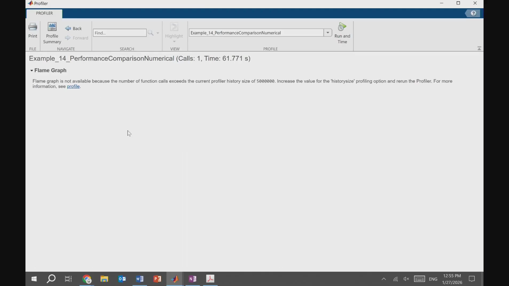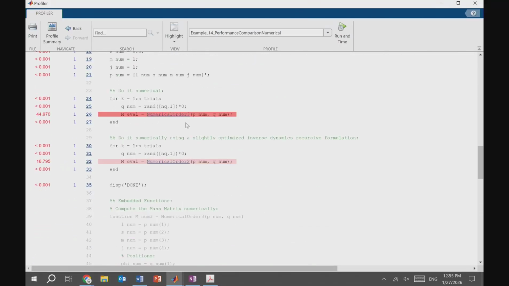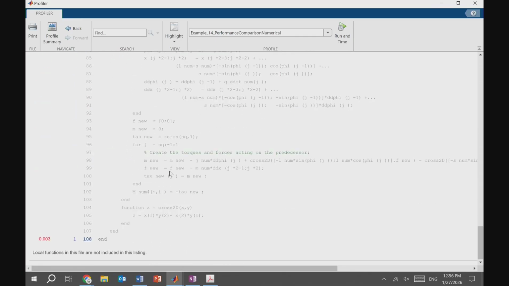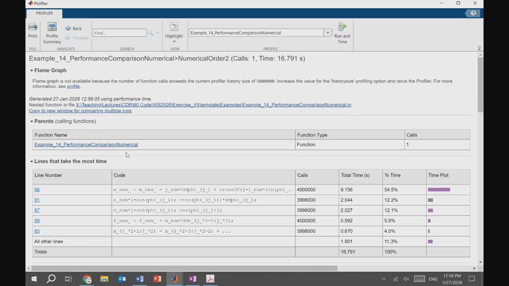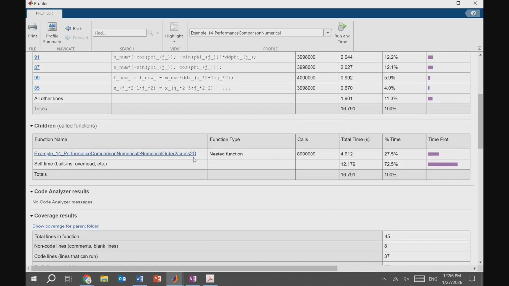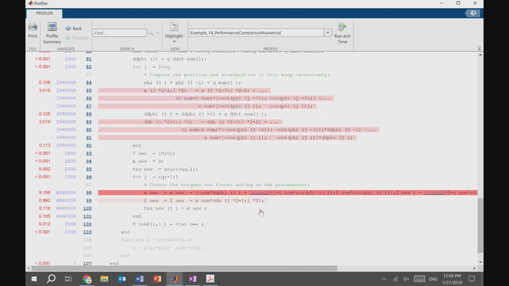And if I would click on this to look at the lines, you see here, these are sort of the big chunks, and then I would have to basically go into this function, where I would see that in here I have my cross product somewhere in there.